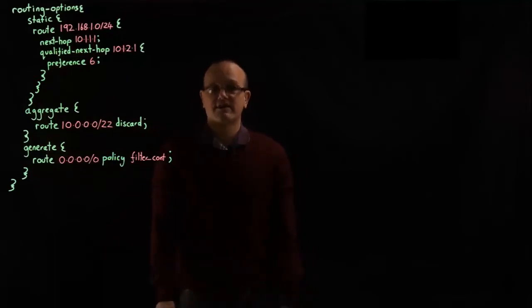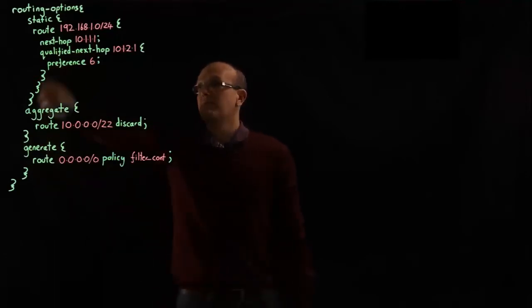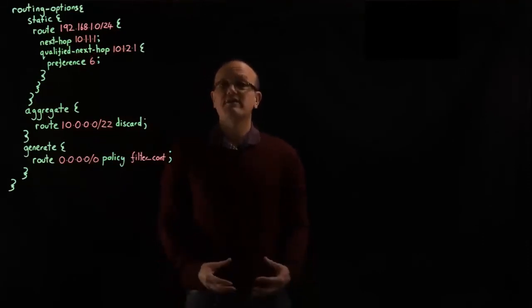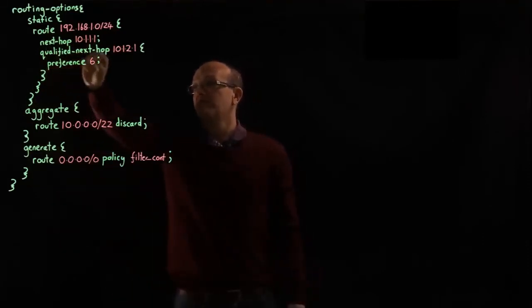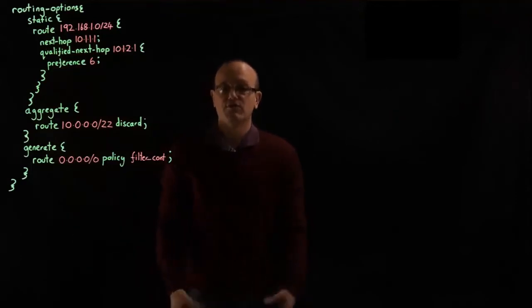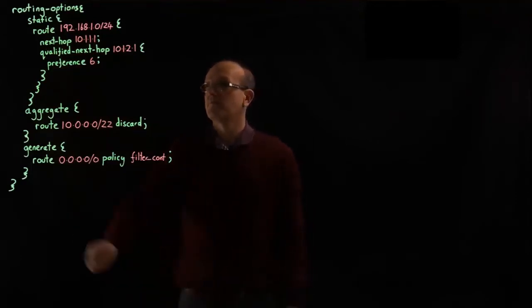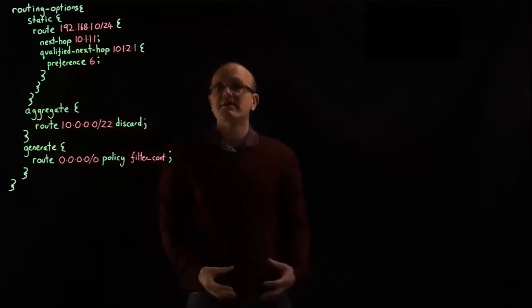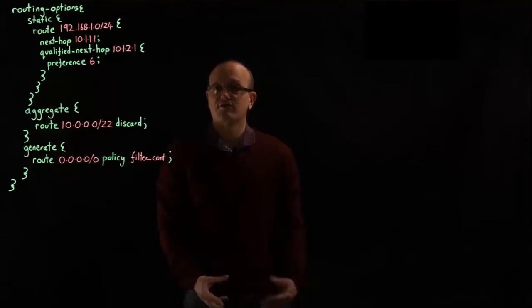And that's the forwarding next hop, where we're sending traffic that appears in this route. And we can configure multiple next hops and associate them with routes. And by default, when we associate multiple next hops with a route, depending on some other configuration, we're probably going to load balance traffic across those next hop destinations.